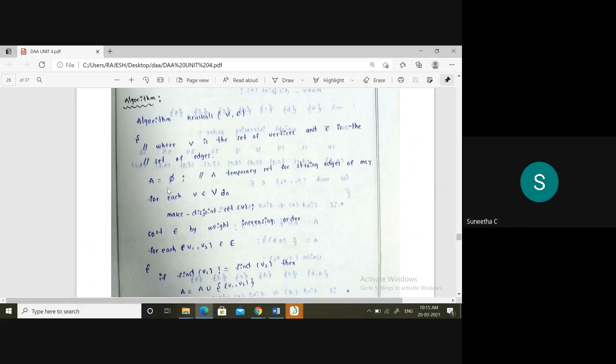నెక్స్ట్ వాట్ వి ఆర్ డూయింగ్ ఈస్ for each v belongs to capital V, do. Capital V is the set of vertices and small v is a vertex in the graph.